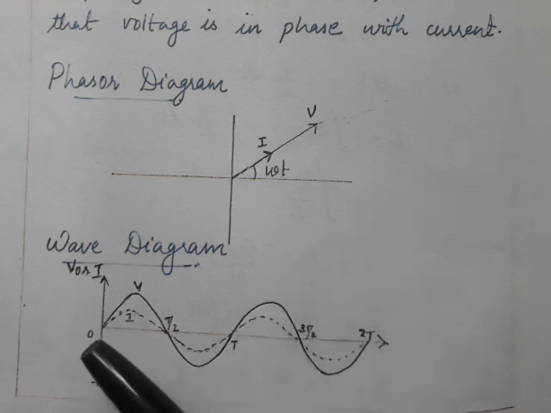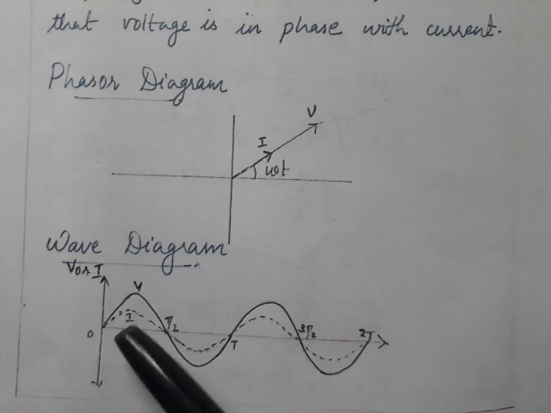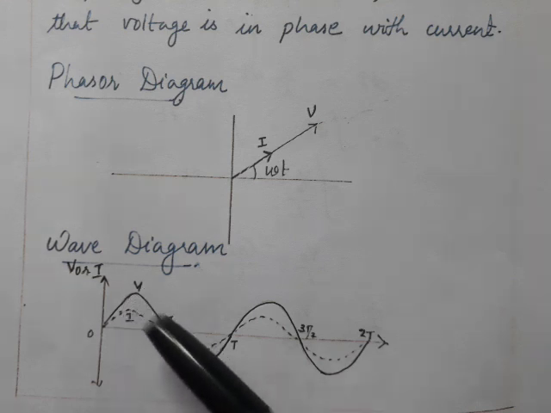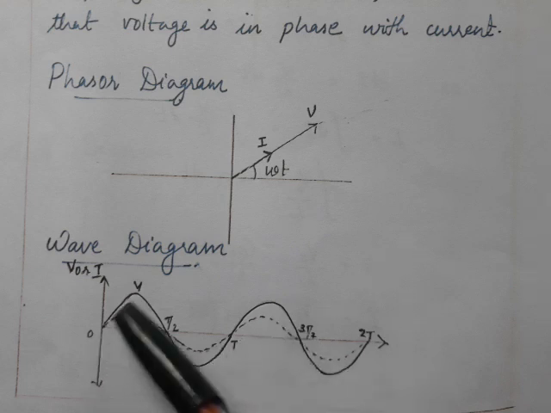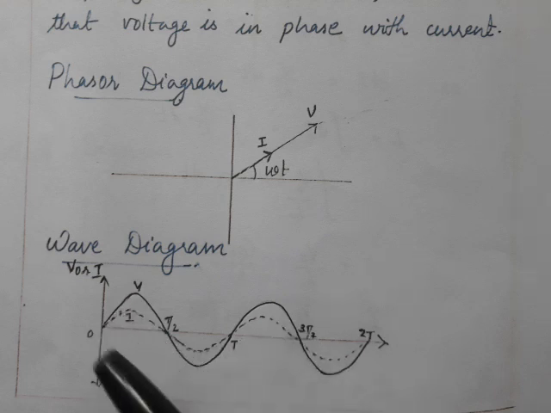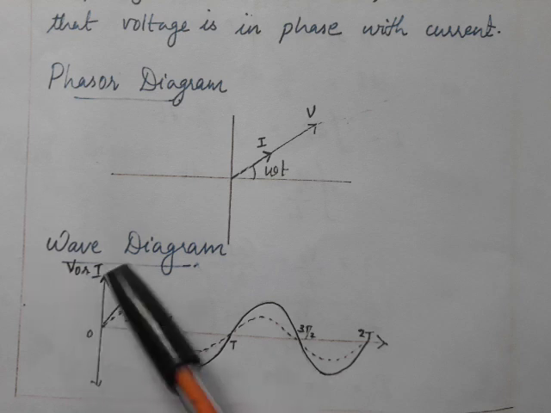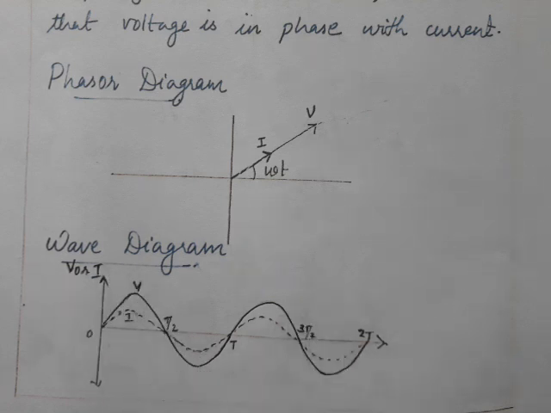Current also is in the same phase, which means when V is 0, I should be 0. When V is maximum, I is also maximum. Again when V becomes 0, I is also 0. Likewise it goes. That means they are in the same phase. So on the y-axis we can show either V or I. Both are shown here, and they are in phase. So this is the phasor diagram and the wave diagram of AC applied to a resistor.